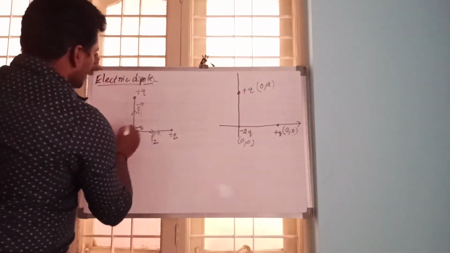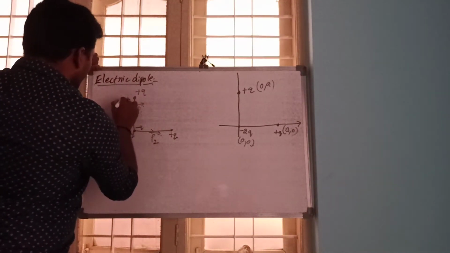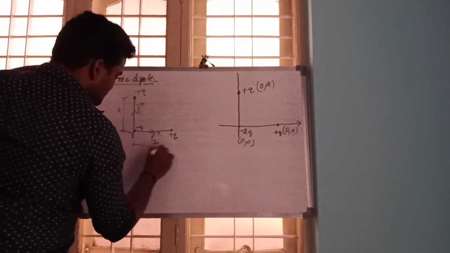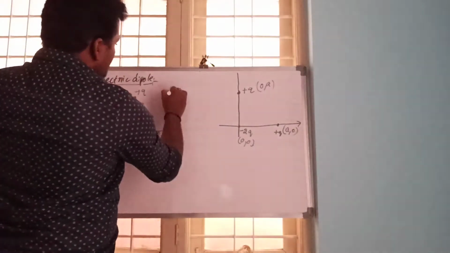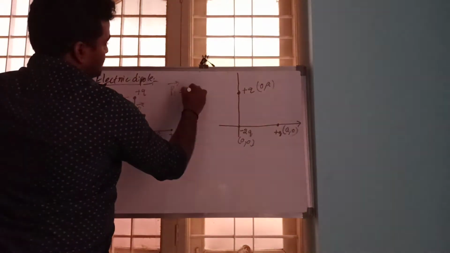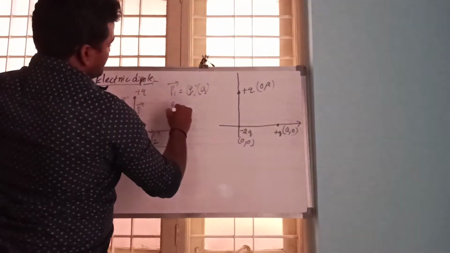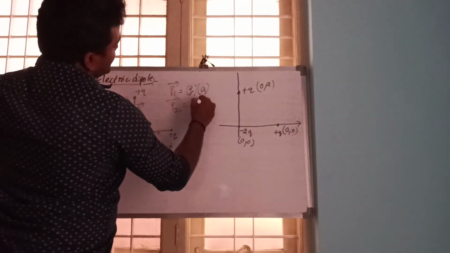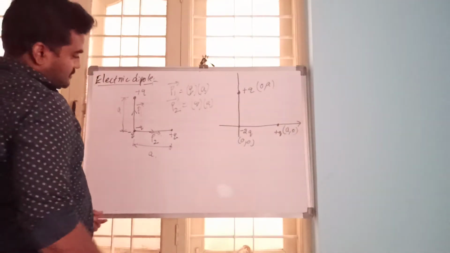and from here to here the dipole moment is P2. The distance will be a, and this distance will be a. So P1 equals magnitude times the length between the charges, and P2 equals magnitude times the distance between the two charges.